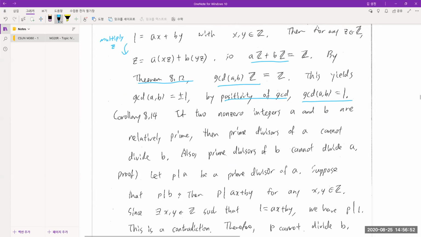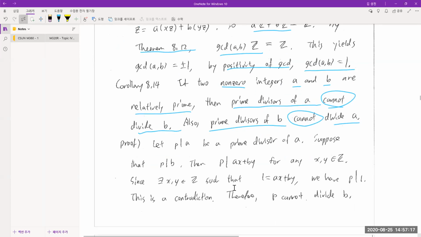Okay, next. If two non-zero integers a and b are relatively prime, then prime divisors of a cannot divide b. Also, prime divisors of b cannot divide a. Here is the proof.